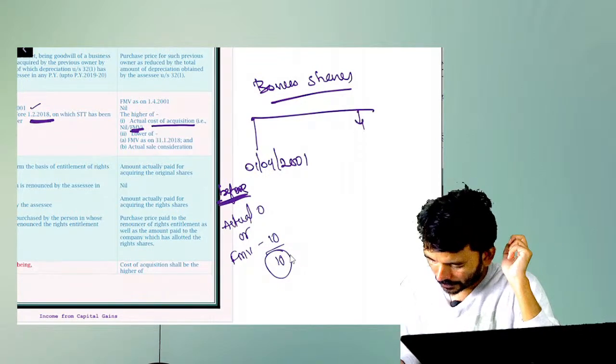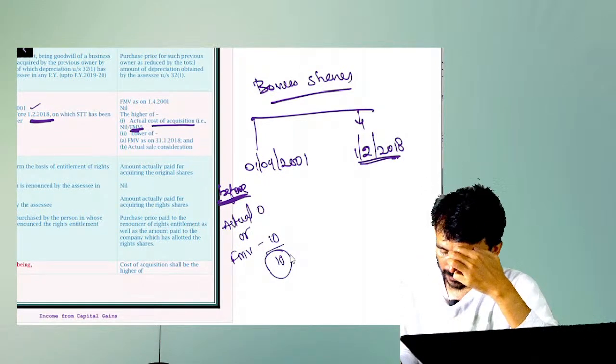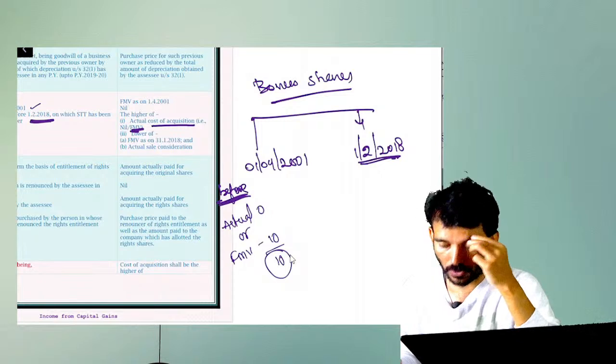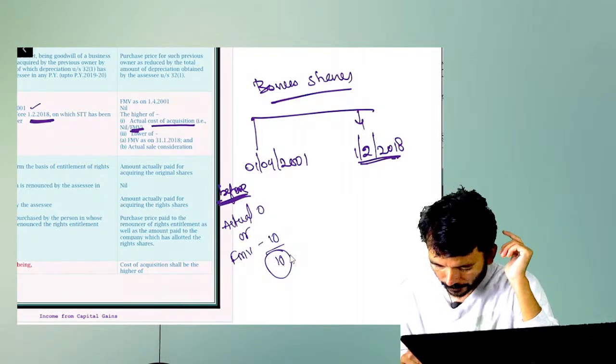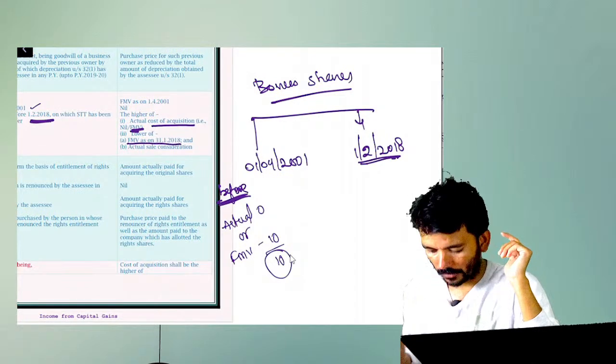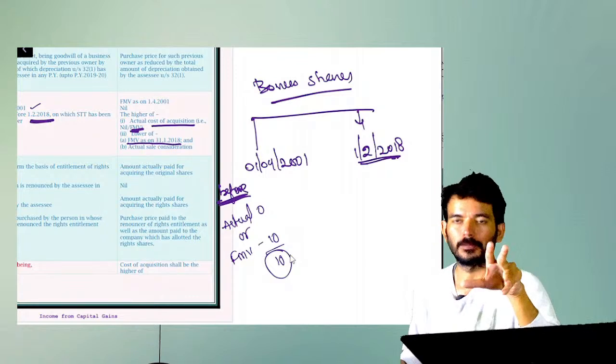Now, 1st Feb 2018 there is an amendment. The amendment is like that your cost should not be more than the fair market value on this particular day, 31st Jan, like one day before the amendment.